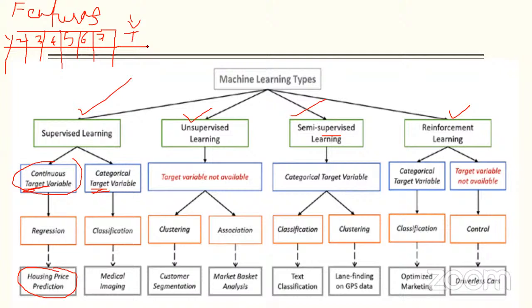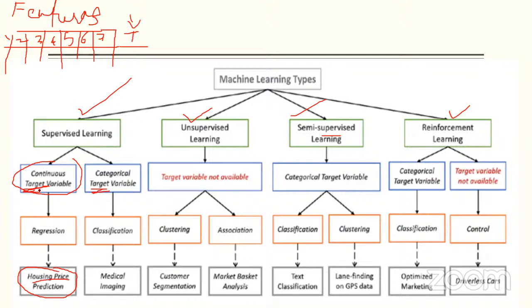What do you want to predict? Right now, the housing price is the value that I want to predict, isn't it? Housing price is the value which I want to predict. So housing price is your target. Target means what you want to predict. Based on what factors? Those are called features.